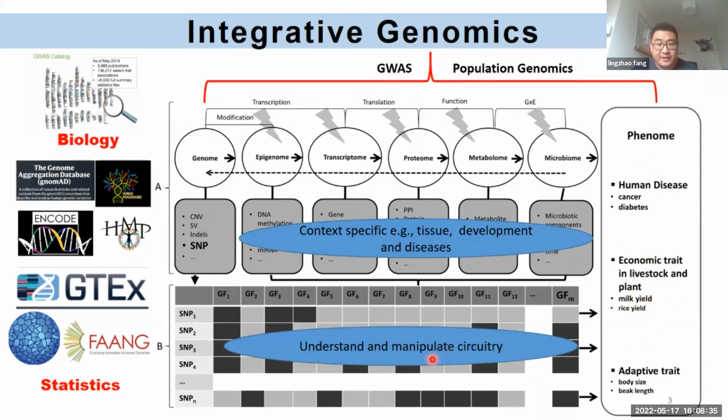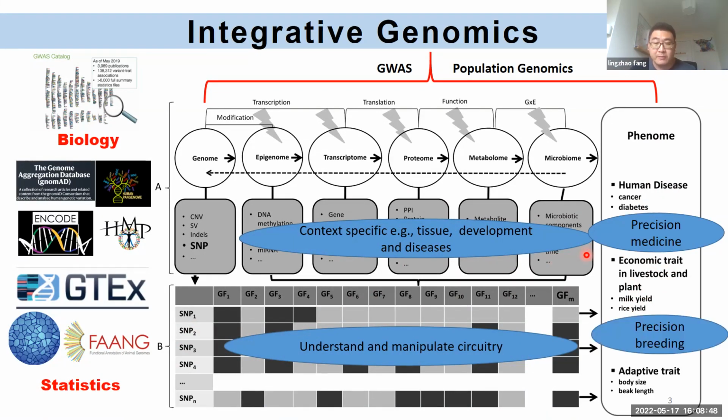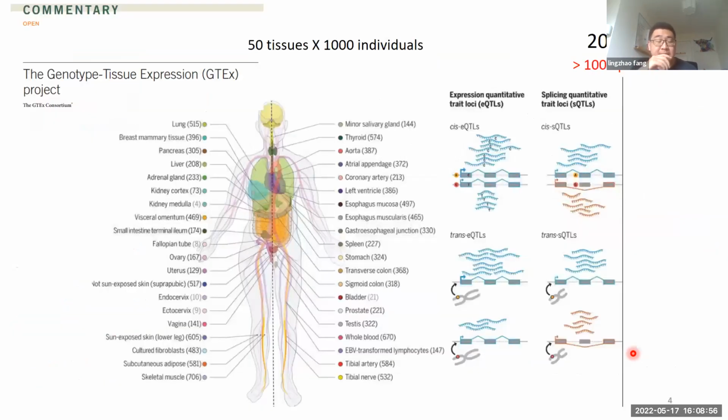And after we understand it, we'll have more ways to manipulate this circuitry, getting much closer to precision medicine, or in animals and plants, precision breeding.